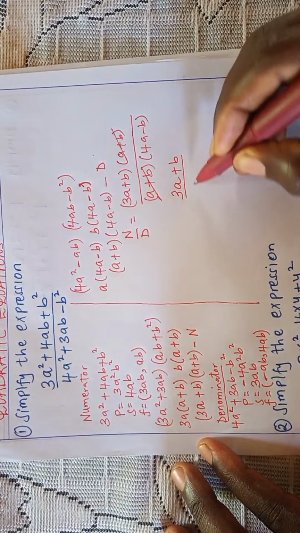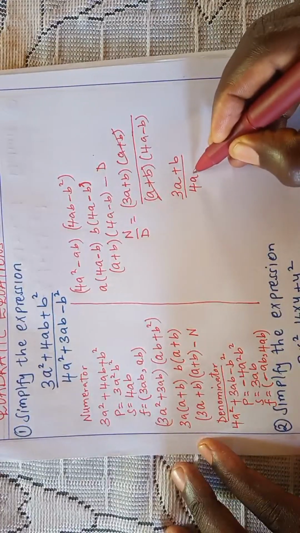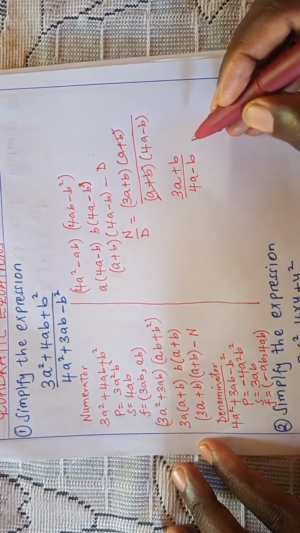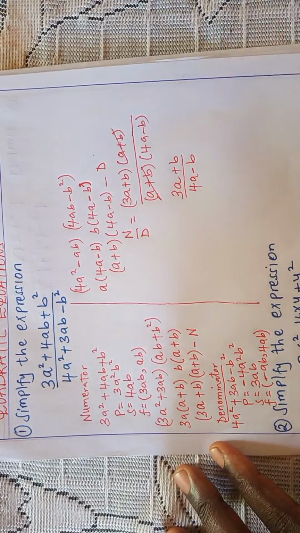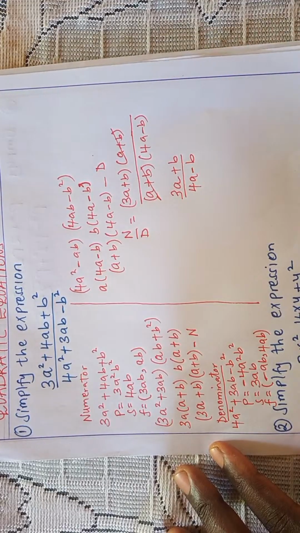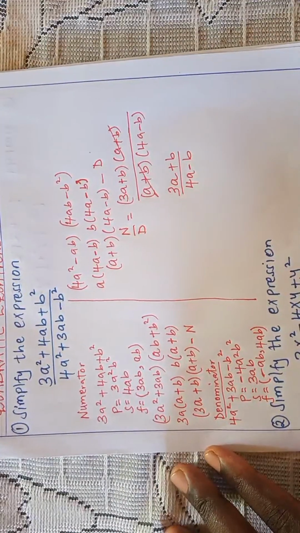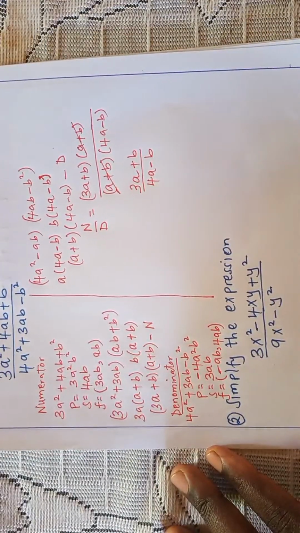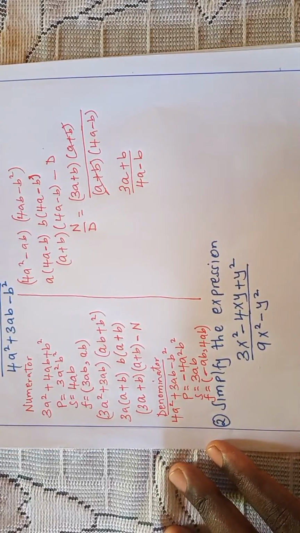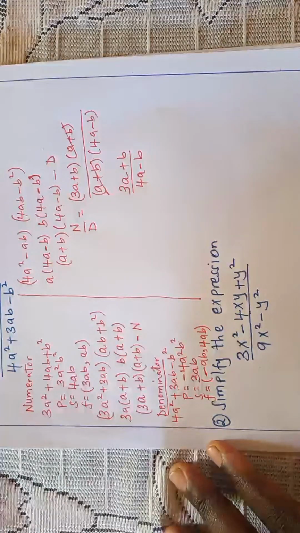We divide everything by 4a minus b, and we are done. This is how it is supposed to be done. So our final answer has been simplified properly. So the final answer is 3a plus b. We divide by 4a minus b.